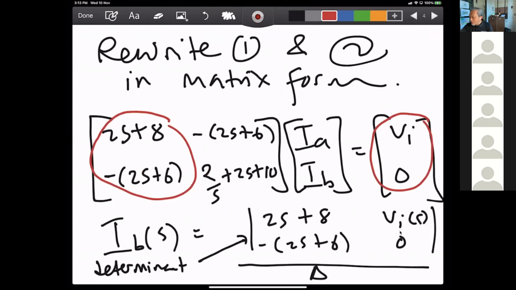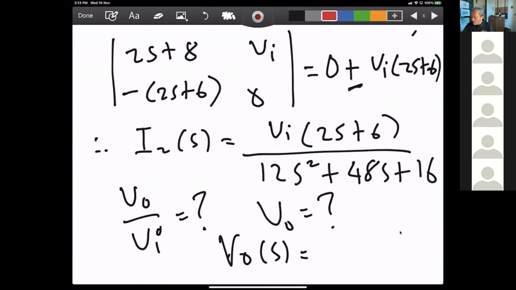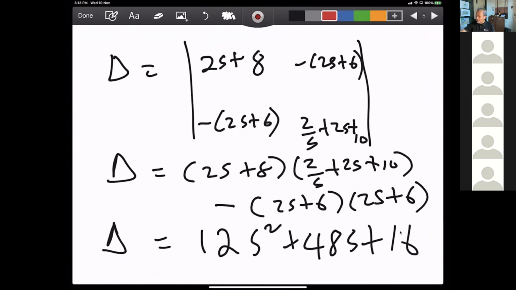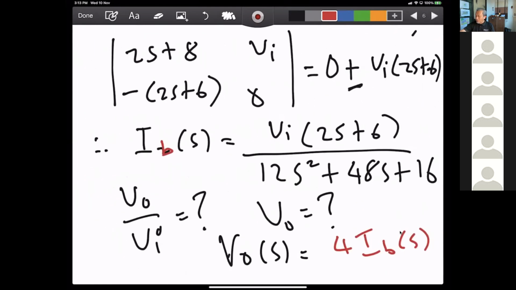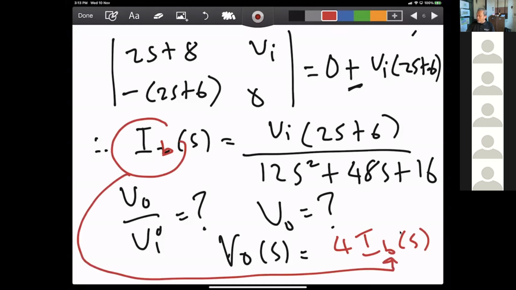Okay. This is IB, not I2. Okay, so this IB will be inserted here. Correct or not? Yes, Prof.